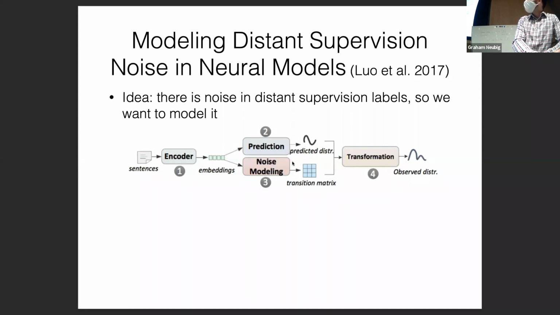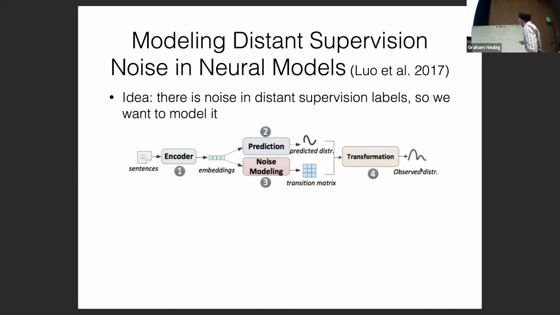But then on the big noisy data, you also have this transition matrix. This transition matrix basically transforms your predicted distribution into the observed distribution over the data.